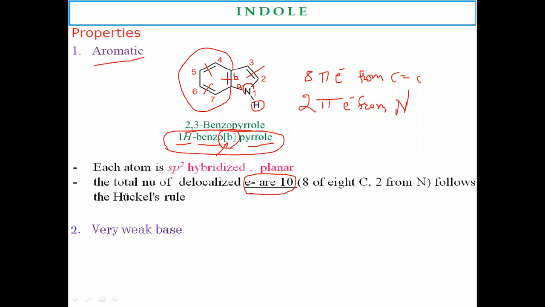Which one? This nitrogen has an unshared pair of electrons. This nitrogen lone pair of electrons is involved in delocalization.